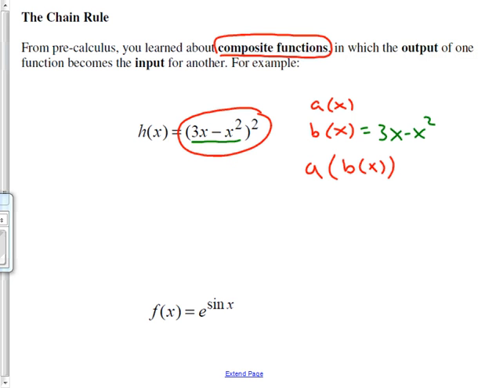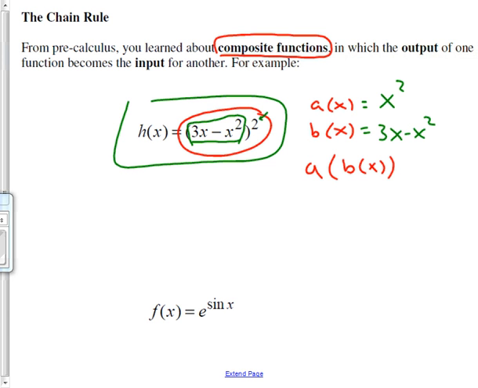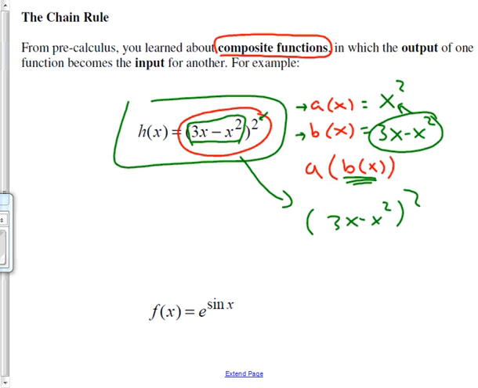And our outer function, well, we're squaring that. It's our something squared. So our a of x is x squared. So this function here, we could think of as the composition of a of b of x. Because if we were to stick b of x into x, we would get (3x minus x squared) squared. Exactly the same thing there.